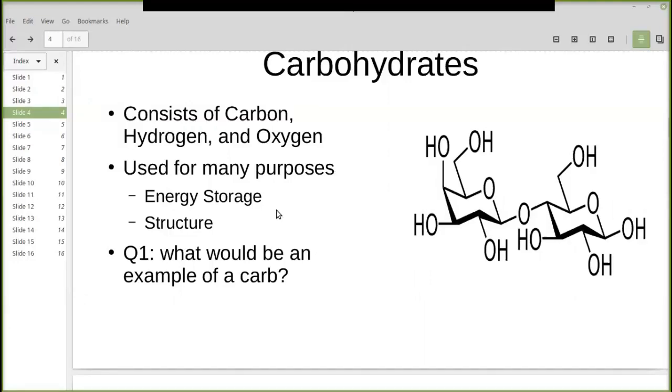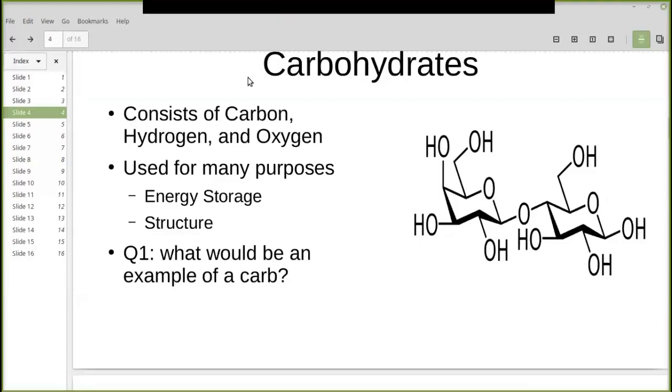So glucose, sugars, carbohydrates alike, they're the primary form of energy for at least certain parts of your body. Your metabolism centers around breaking down these molecules and extracting energy from them. But there are other purposes you could put carbohydrates through, such as structure. Some of the structural components of the body in you and other organisms can be made out of carbohydrates. So a little bit of flexibility in this molecule.